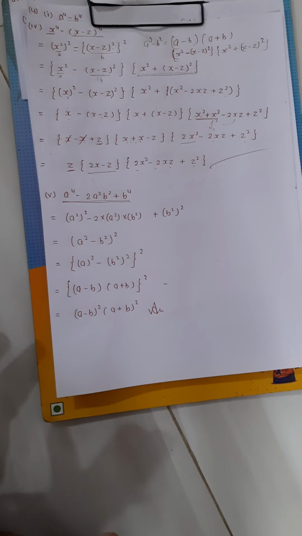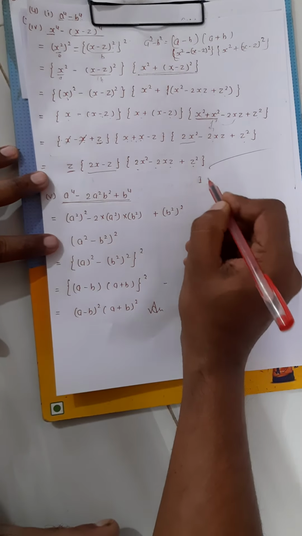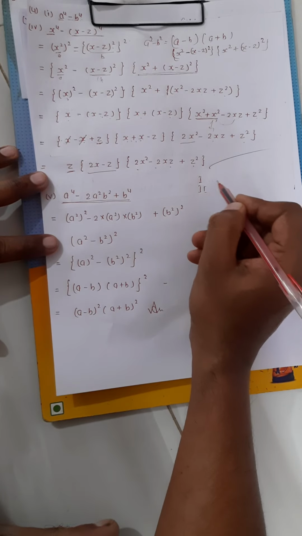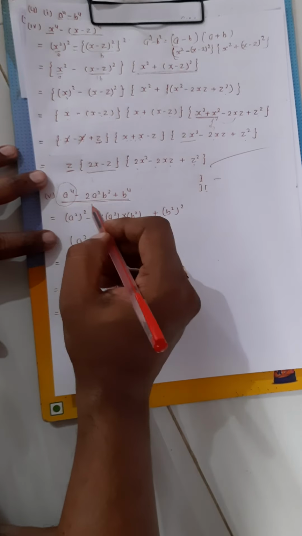If it will fulfill the formula of identity number first and second. Okay, what is our condition to apply identity number first and second? Our condition is 2 terms should be perfect squares.